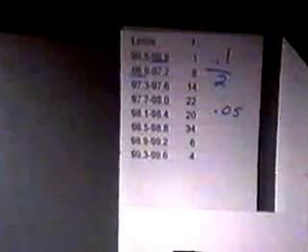We subtract 0.05 from each of the lower class limits. We add 0.05 to each of the upper class limits. So if I subtract 0.05 here, I get 96.45. I add 0.05, 96.85. So I have 96.45, 96.85.